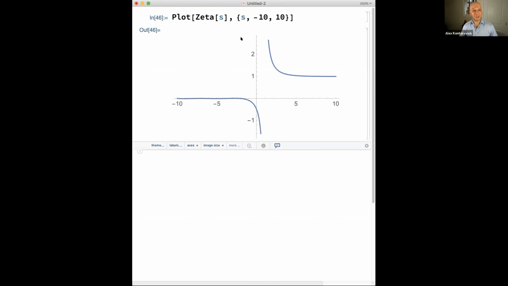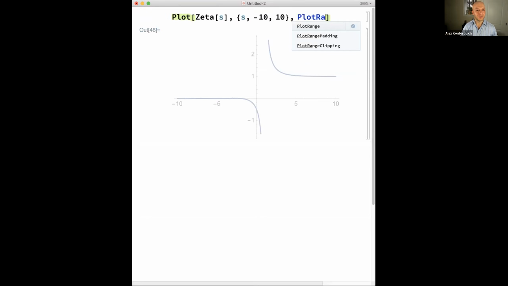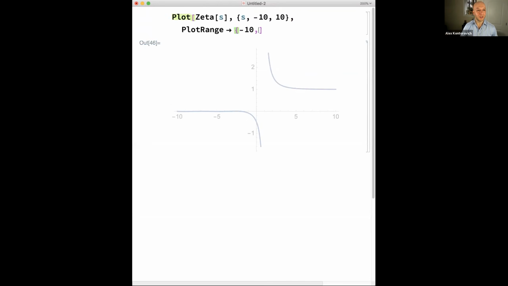This is just the function zeta as a real function on the real line. Let's make the plot range minus 10 to 10 in the x variable and minus 1 to 1.5, maybe 2, in the y variable.